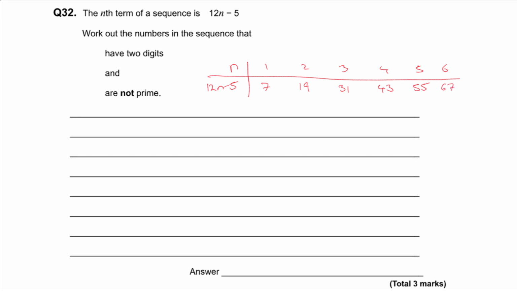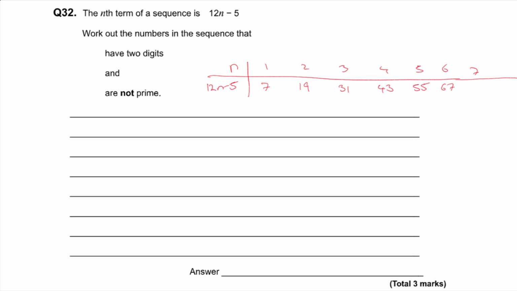Right, so what am I trying to do? I'm trying to find numbers that have 2 digits and are not prime. I'd better go up a bit higher because I might have some more.